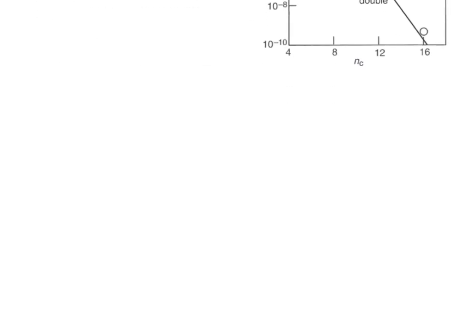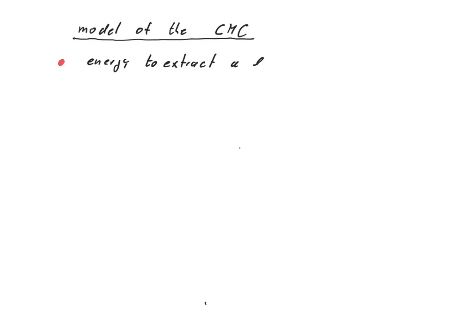Now let's try to make up a model for the interpretation and the understanding of these experimental results. For that we need to remember that the occurrence of self-organization is driven by the free energy of the system. So let's first look at the inner energy, so the energy that is needed to extract a lipid from a micelle.